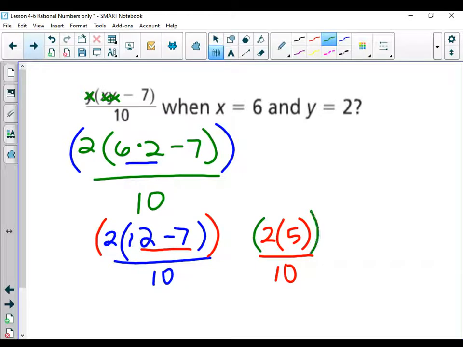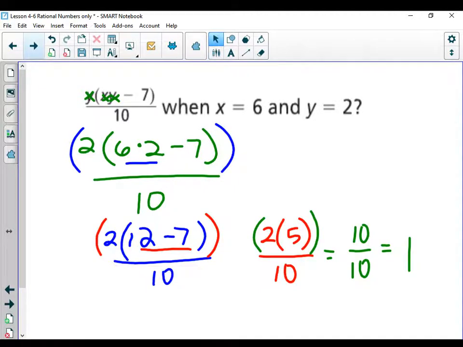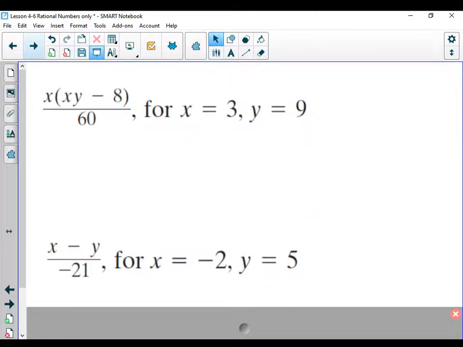Still on the top. 10 divided by 10. I just showed so much work on that. I need to show my work. Next two, this is a good place to pause.